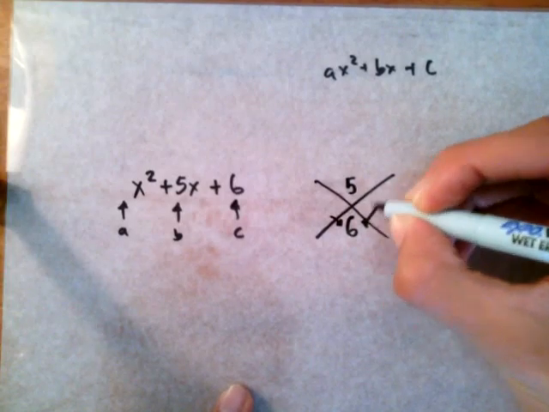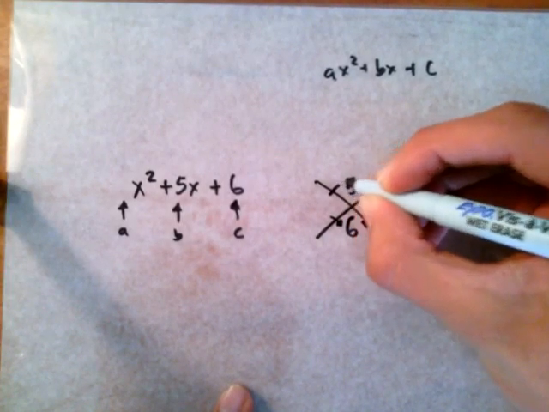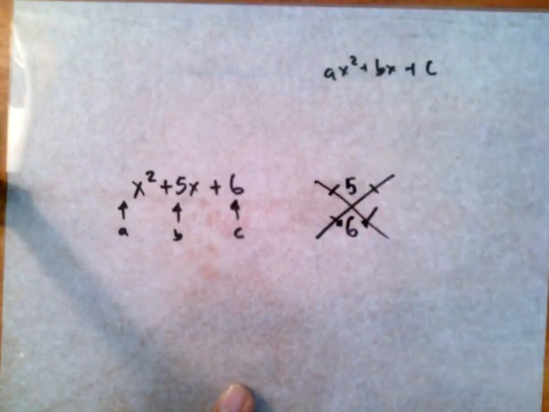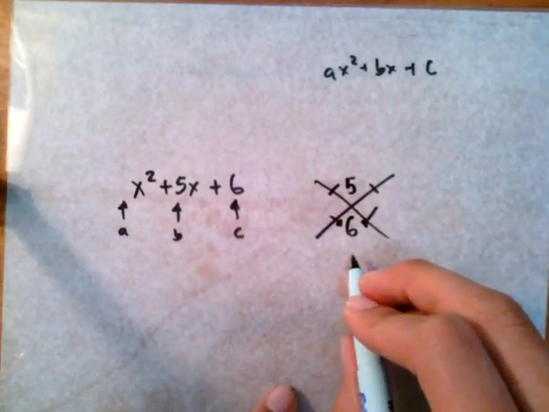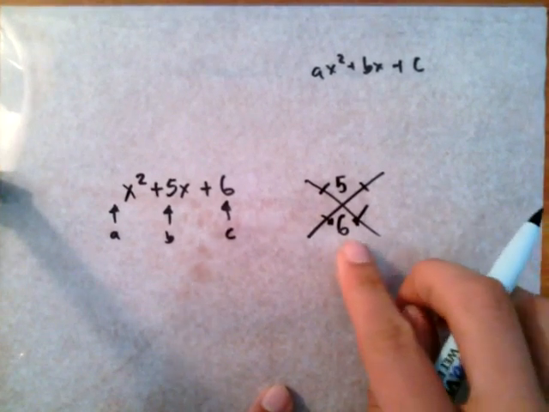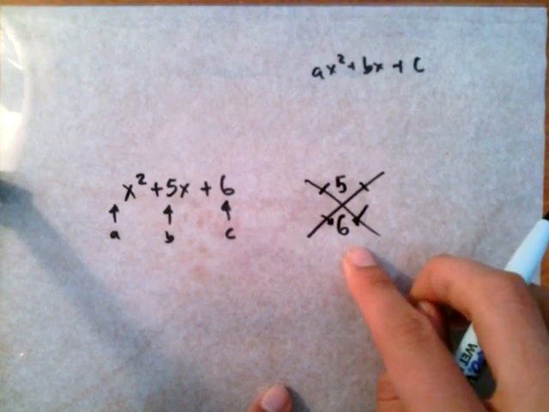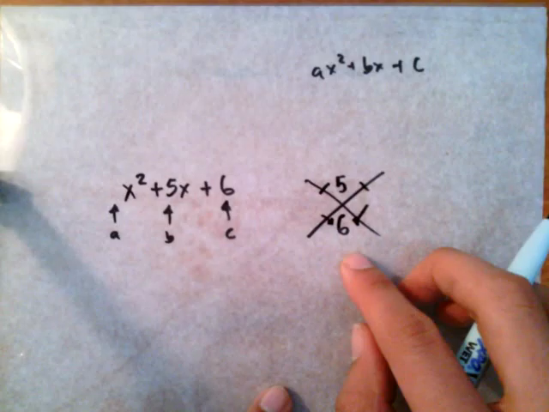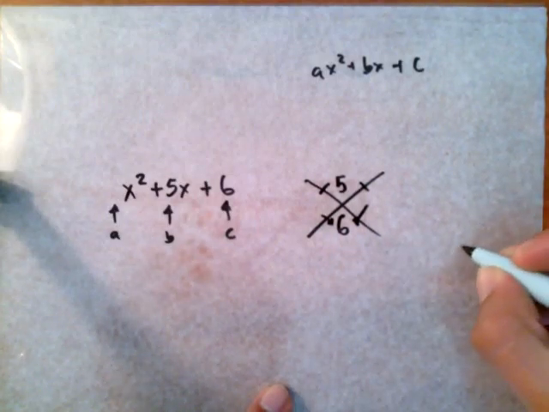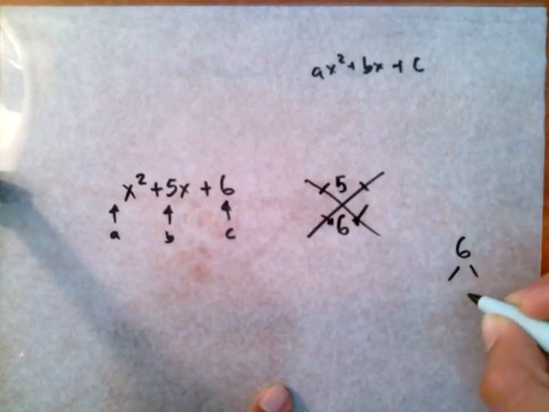So their product will be 6, but when we add them, we want to get 5. The trick to these problems is to really look at the factors of 6. You must be really comfortable with finding the factors of whatever values are given. So on the side we'll look at possible factors.